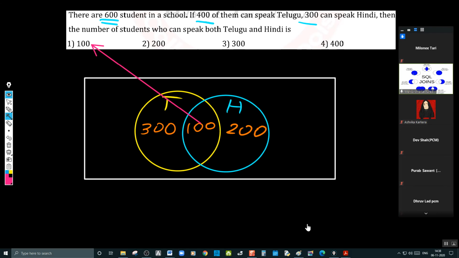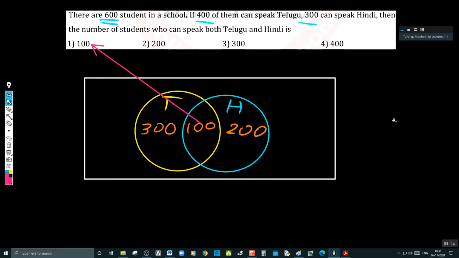Common area. Sir, I did the formula method. Whatever is correct. Do you understand what he's saying?